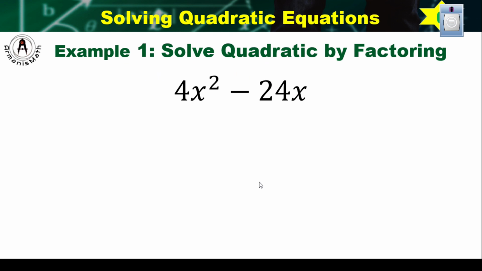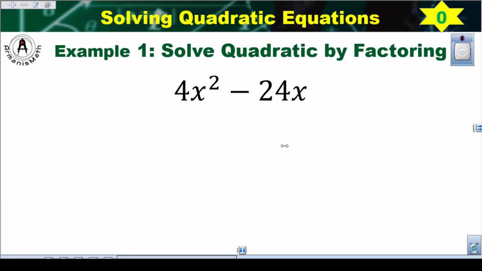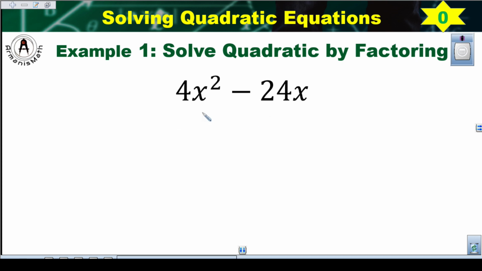So let's start the work here. We're going to start solving quadratics by factoring. Okay, going to solve by factoring, and there are multiple ways, obviously, depending on the needs here. But in this case I can see that I'm looking at things that look alike, things that I could factor out. For example, if I'm looking at the 4 and the 24, they have something in common. I'm thinking of the 4 as something common, so I could pull that out as a common factor.